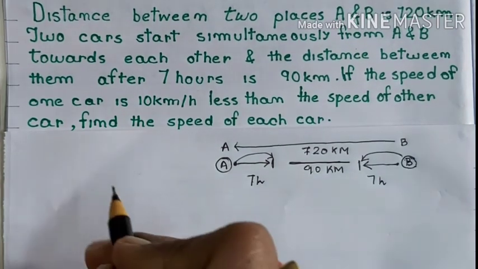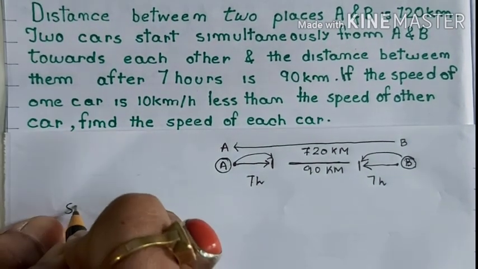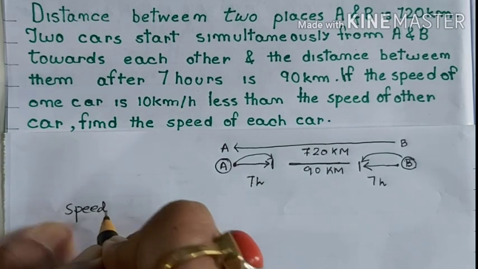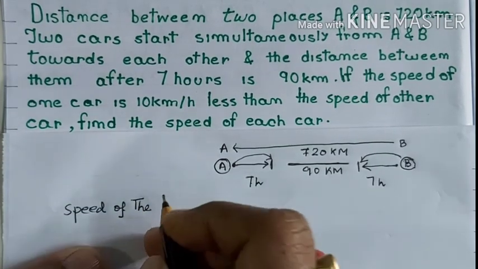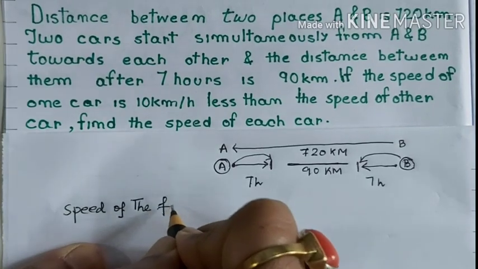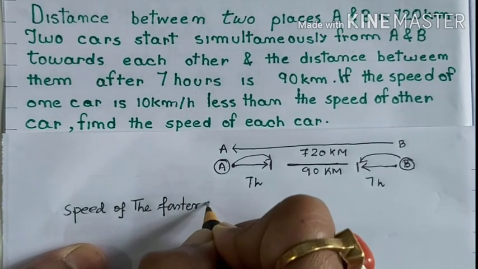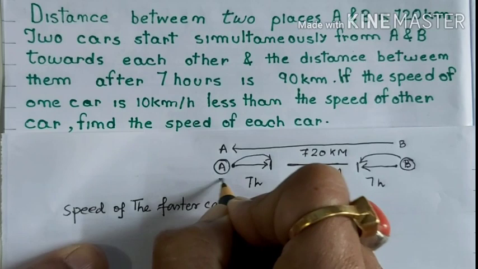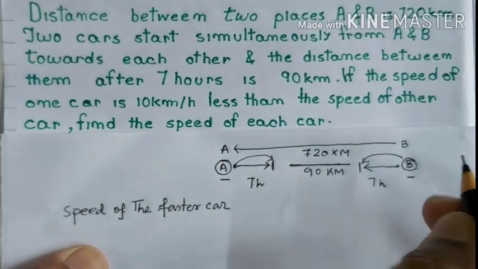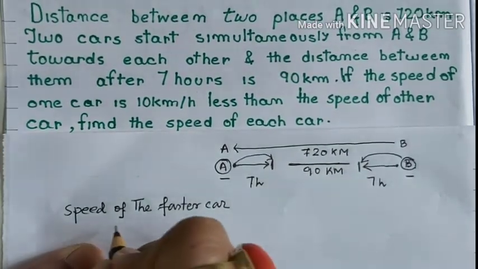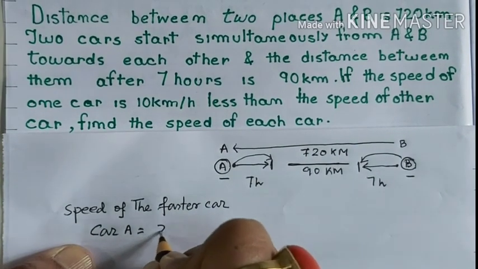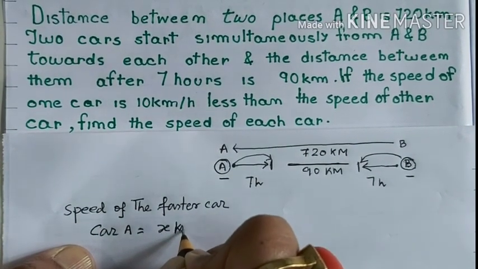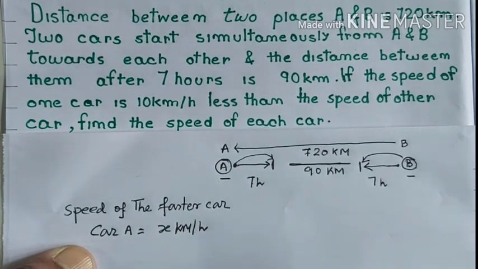Let us assume the speed of the faster car. Say this is the faster car and this is the slower car. So the speed of the faster car, car A, is equal to x km per hour.